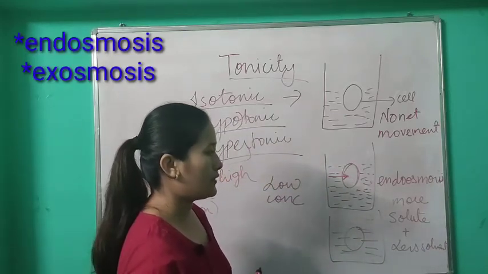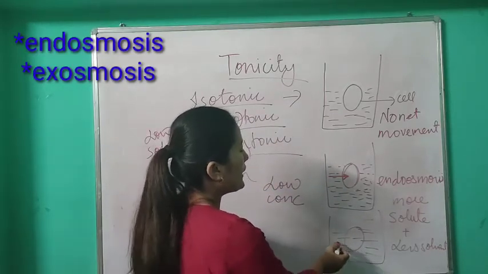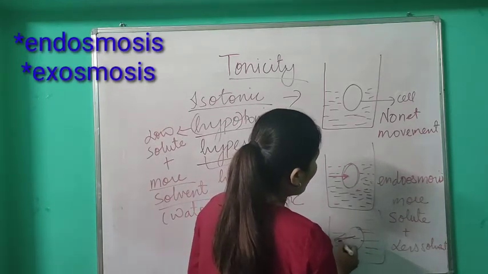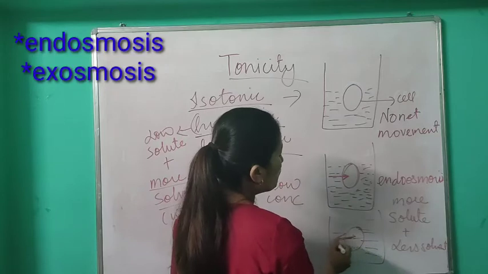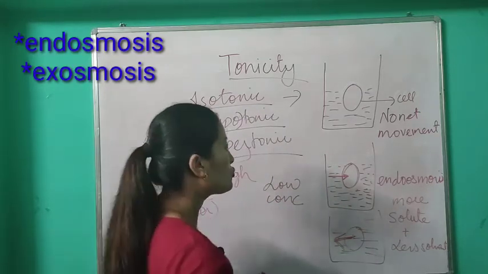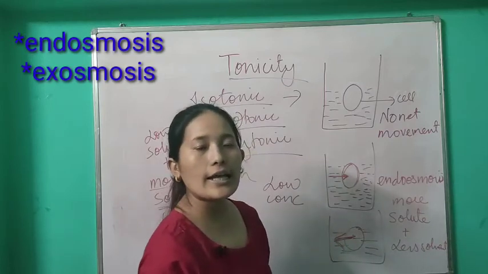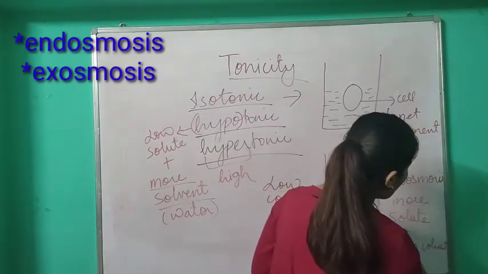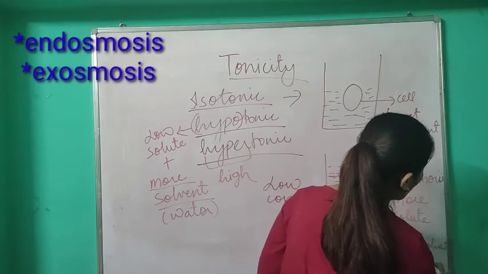So what will happen? If there is more solute and less amount of water, then the water from inside the cell will move out into the solution. That would lead to shrinkage of the cell. Now this is also referred to as exoosmosis.